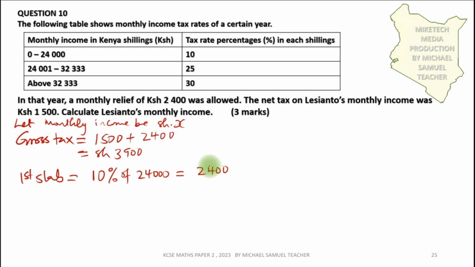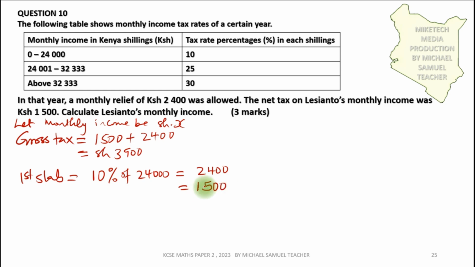So anyone earning 24,000 will have to be taxed 2,400. But still that is not enough. From 3,900 subtracting 2,400, whatever is remaining is 1,500. So in the next bracket, the amount of tax cannot be less, it has to be more. But in our case here now, the next is 1,500.